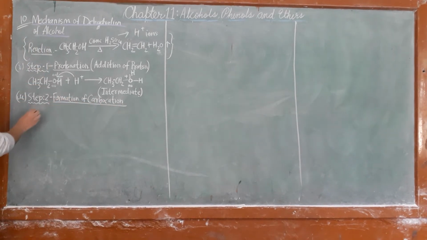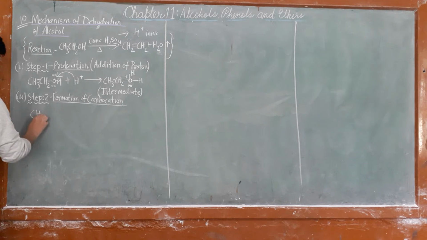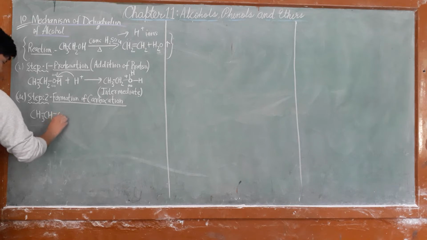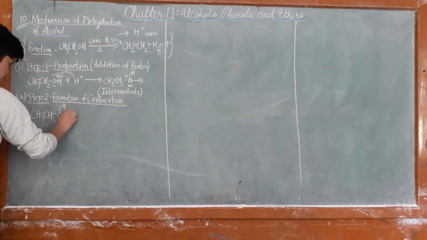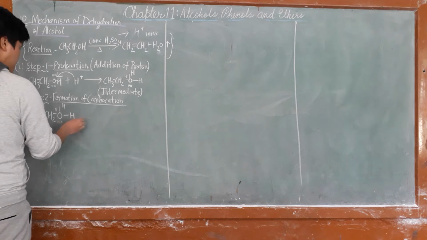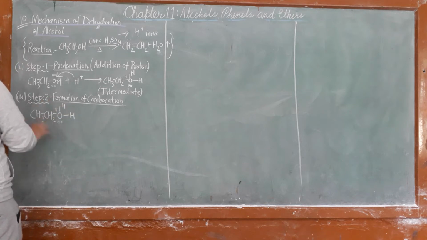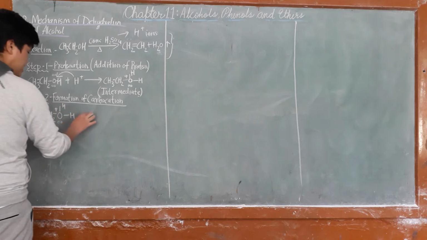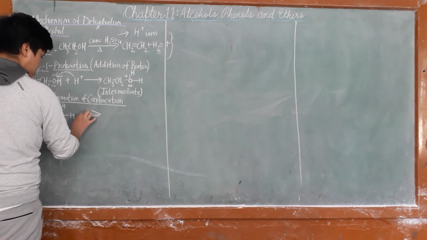That's the main step in the dehydration. The intermediate that you got in the first step, what will happen to it in the second step?